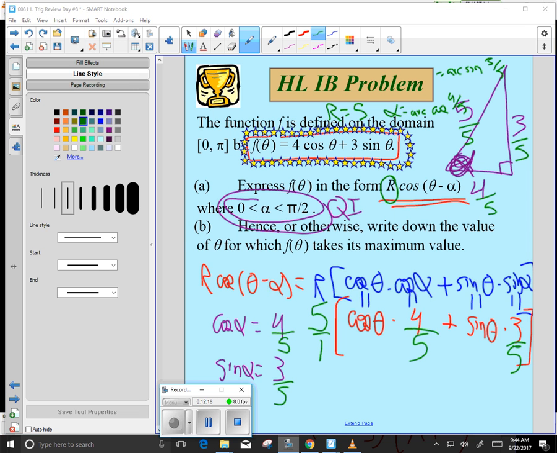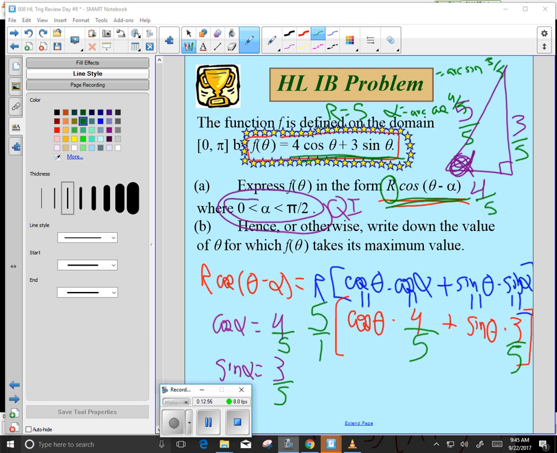How are we doing? All right. So, overview: you changed this to R cosine theta minus alpha form. We had to get cosine alpha equal to something in the domain. So we made a triangle, put the 4 in the adjacent, 3 in the opposite, and completed the triangle. We divided by 5 because that's the radius of the circle, or the hypotenuse of the triangle.